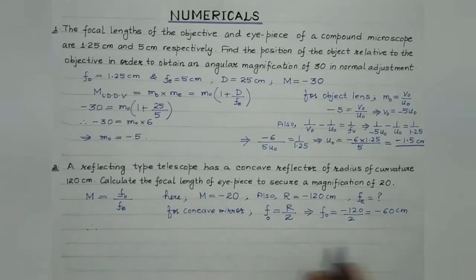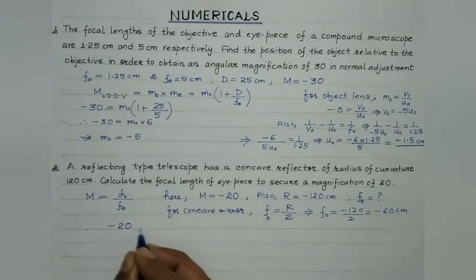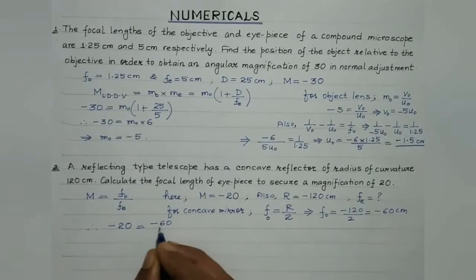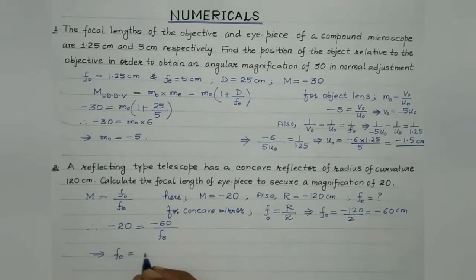Therefore students, substitute these values over here. What we get is M is minus 20. Minus because the final image is inverted. F0 is minus 60. So it implies that Fe is equal to minus 60 divided by minus 20.